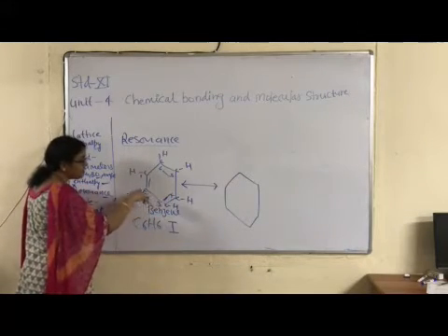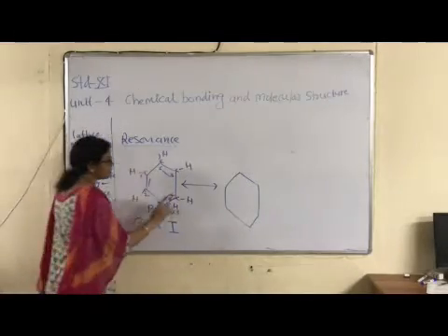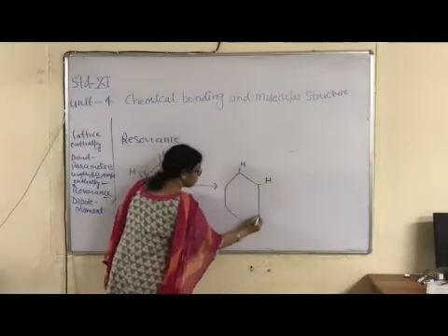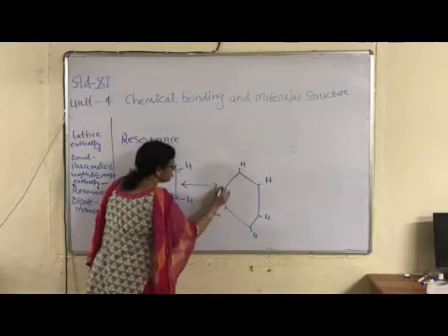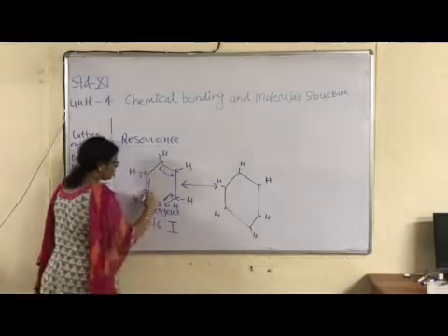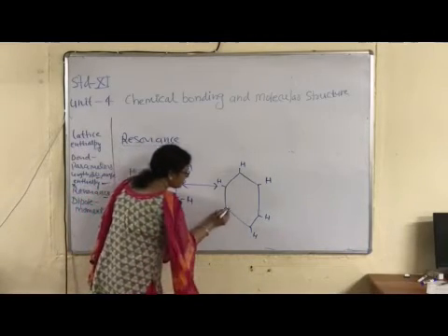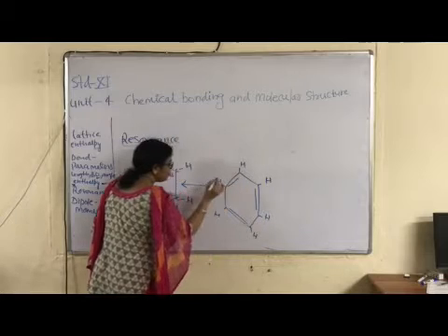In resonance, different positions are occupied by double bonds like this. Alternation of double and single bond. This is a new position, this is a new position, and this is a new position.